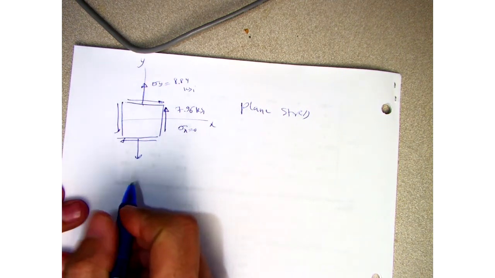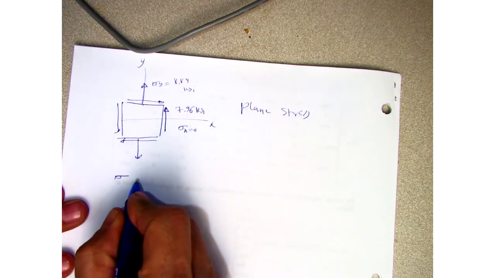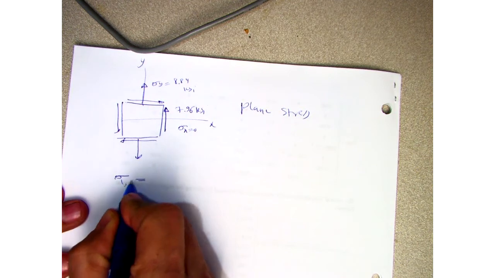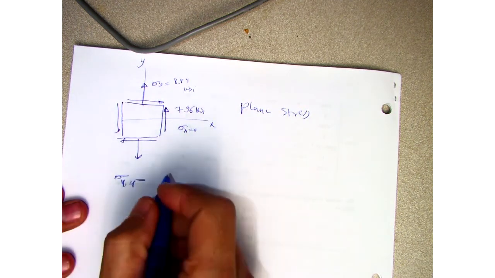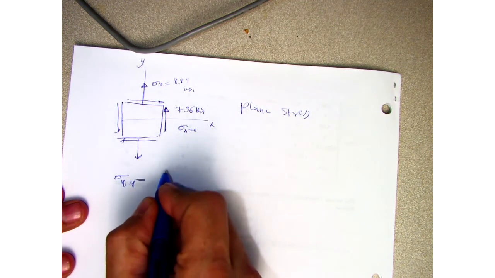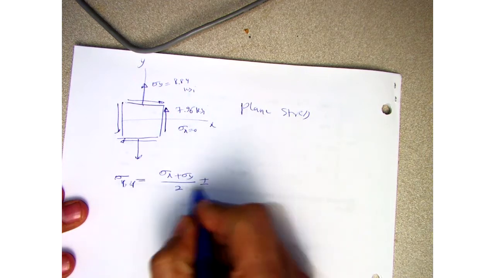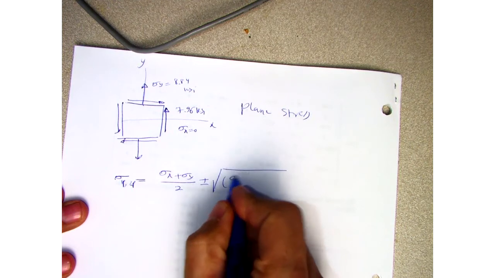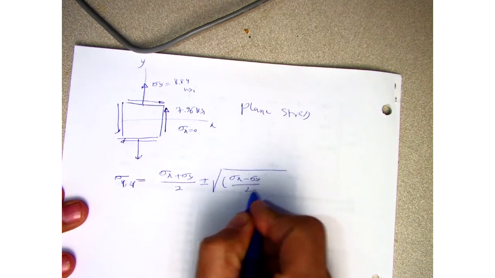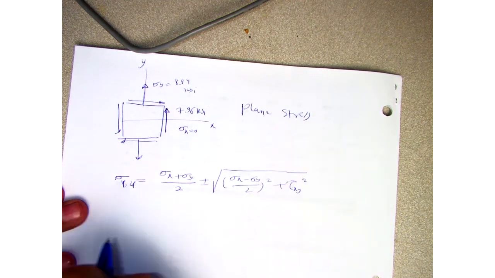All right, so using the formulas you have for plane stress condition, you know that the principal stresses on a plane, if I consider 1 and 2 as two principal stresses in my plane, here is the formula you have seen: sigma 1,2 equals (sigma x plus sigma y) divided by 2 plus or minus the square root of ((sigma x minus sigma y) divided by 2) squared plus tau xy squared.